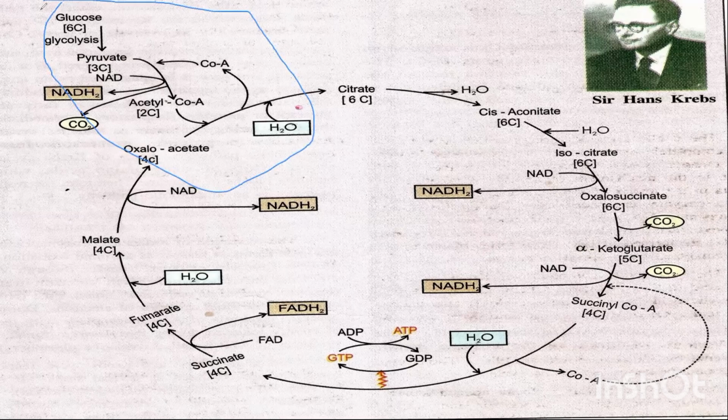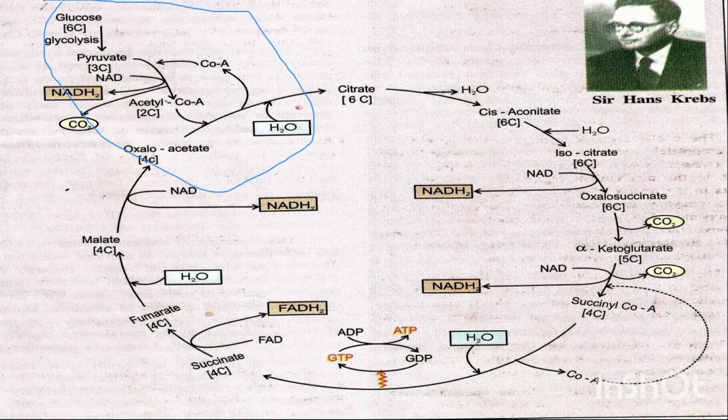Here you can see during glycolysis, glucose, 6 carbon, undergoes glycolysis to produce 2 molecules of pyruvic acid containing 3 carbon. Now at the outer membrane of the mitochondria, this pyruvic acid undergoes oxidative decarboxylation. Oxidation means removal of hydrogen. It will be accepted by NAD, and NAD will be converted to NADH2. Then 1 molecule of CO2 will be directly removed and given out.